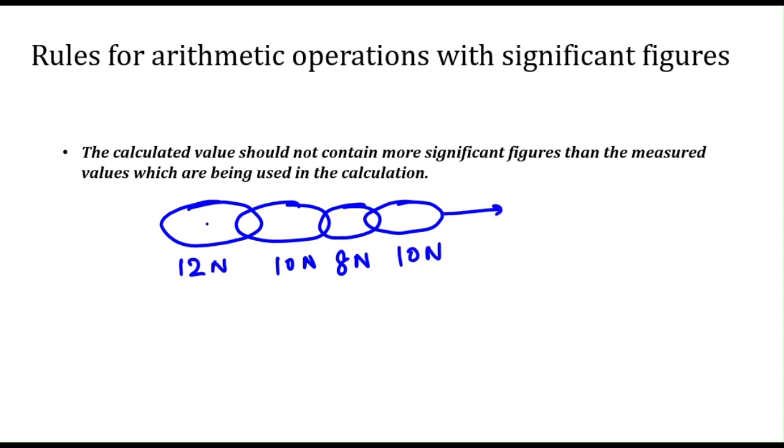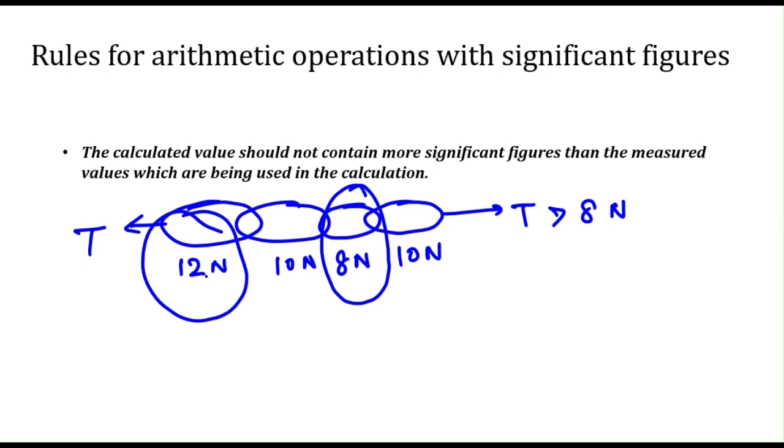And now if we are going to ask how much tension we can apply on this chain before it breaks, we have to find out the smallest or weakest link, and the weakest link is 8 Newton here. So if we apply a tension greater than 8 Newton, this will break. No matter we have links of strength 12 Newton or 10 Newton, the chain has overall strength of 8 Newton, which is the weakest point.